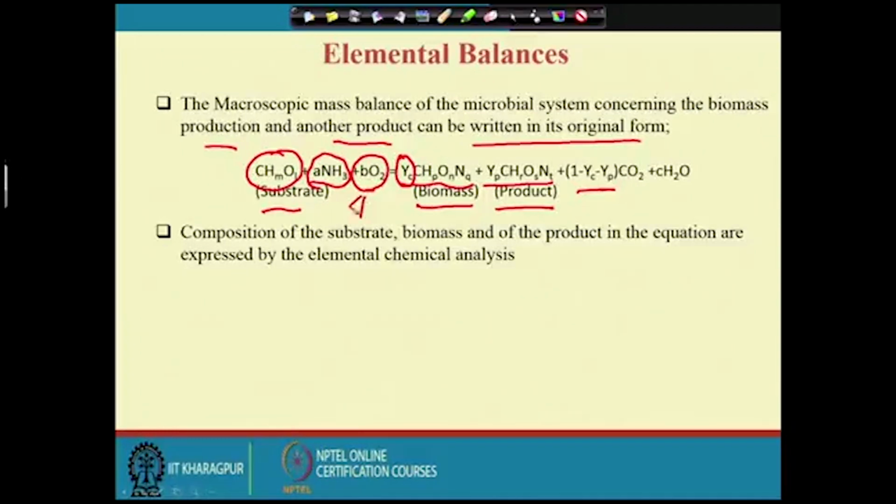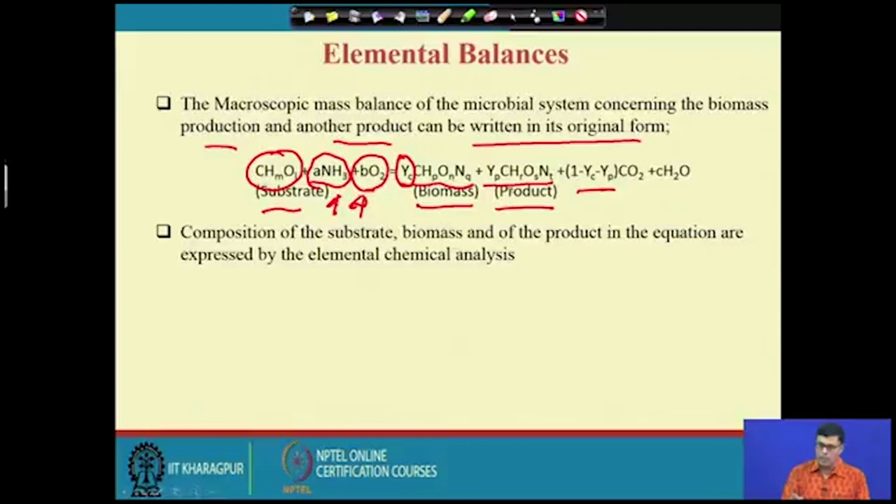Oxygen will not be required, and nitrogen mostly will not be required, because if you do not consider biomass, your carbon source is mostly converted to your product, if the product does not contain nitrogen, and also to carbon dioxide and water. But in an aerobic fermentation process, when you consider the cell mass, you can ignore the product formation, and you can write: this is the substrate, this is ammonia, this is molecular oxygen, and this is biomass, carbon dioxide and water.